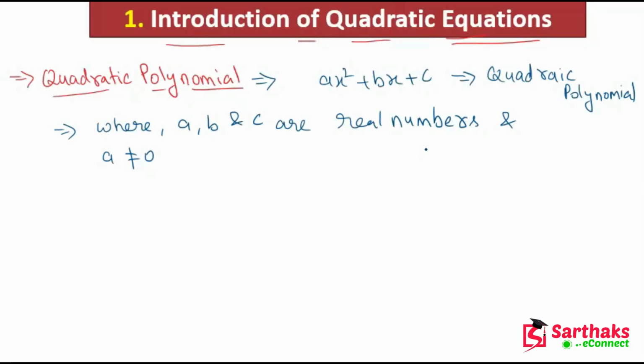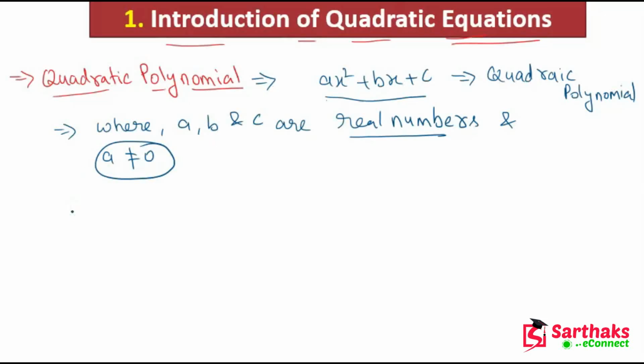So what is a quadratic polynomial? It is in the form of ax square plus bx plus c, where a, b and c are real numbers, and the most important condition is that a is not equal to 0.